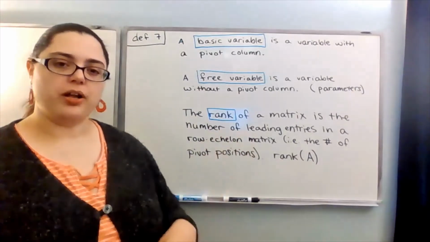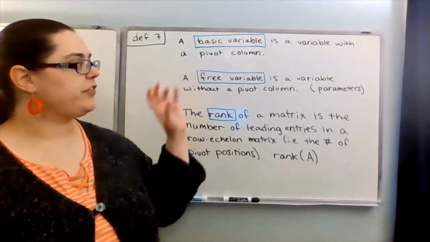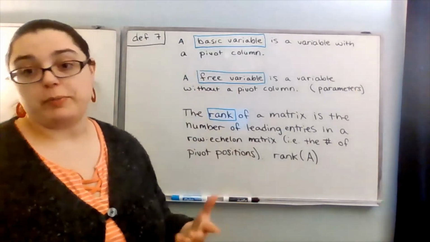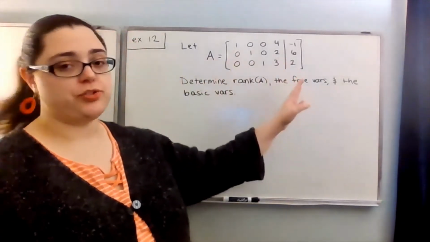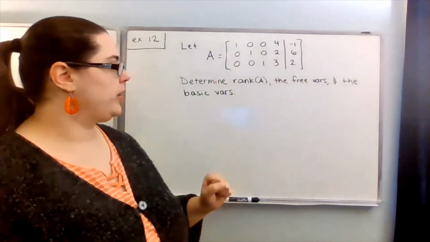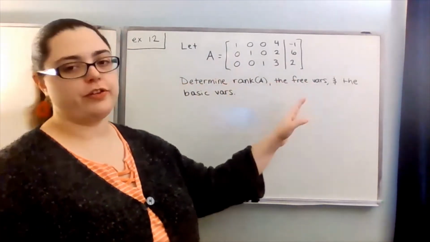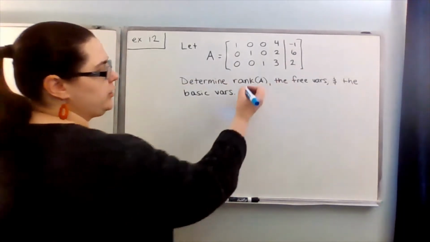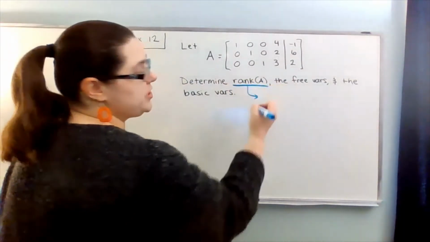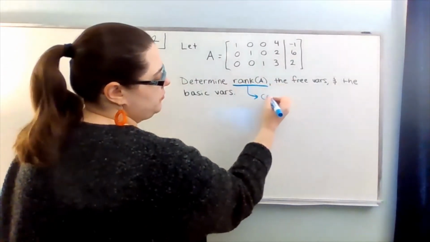So let's do an example of determining the basic variables, free variables, and the rank of a matrix. So we have this matrix A. It's an augmented matrix for some system. And we are told to determine the rank, the free variables, and the basic variables. So to find the rank, that means we just need to count the pivots.